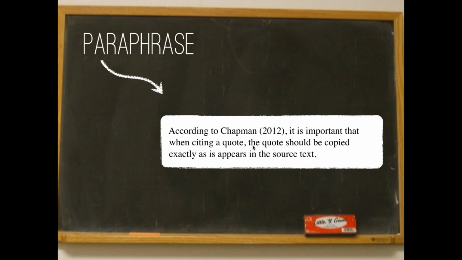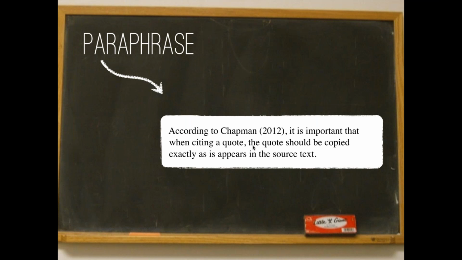All right, so that's it on quotes. Let's talk about paraphrases. In this example, we're citing a paraphrase. We used an idea from the article we're citing, but we didn't use a word-for-word quote. We put the idea into our own words. So we still need to include the author's last name as well as the year of publication, but with paraphrases, it's not necessary to include a page number or a paragraph number.